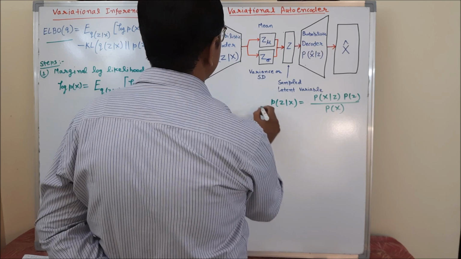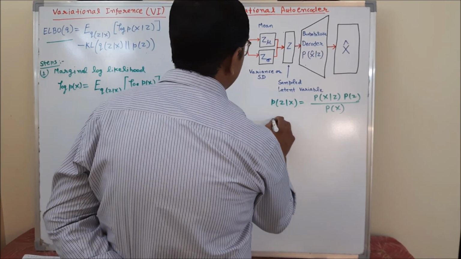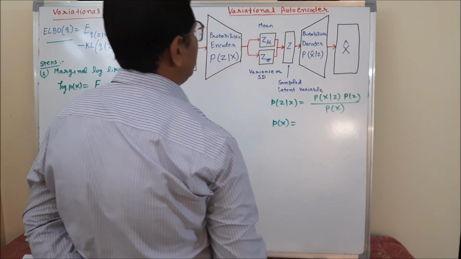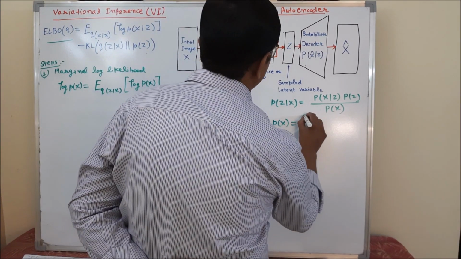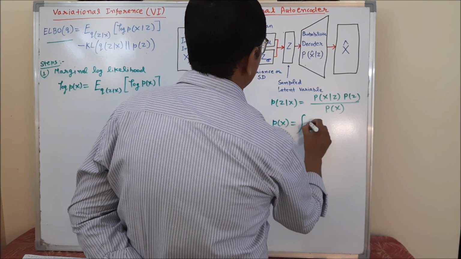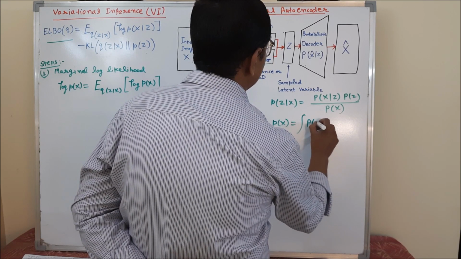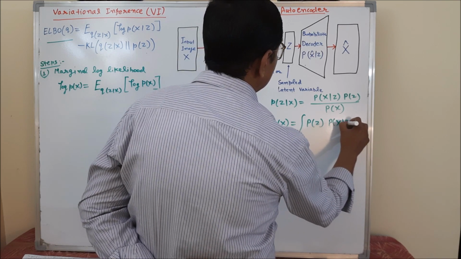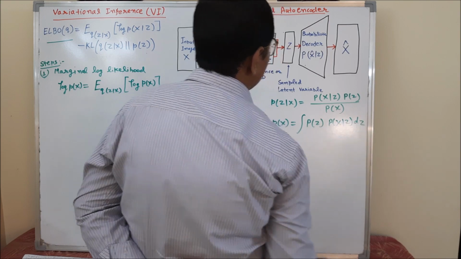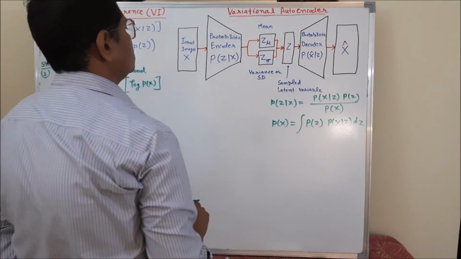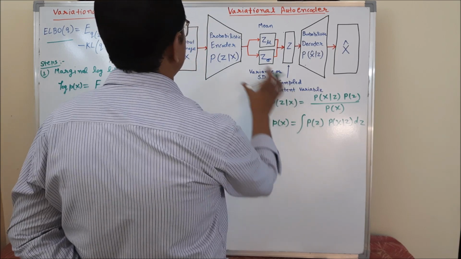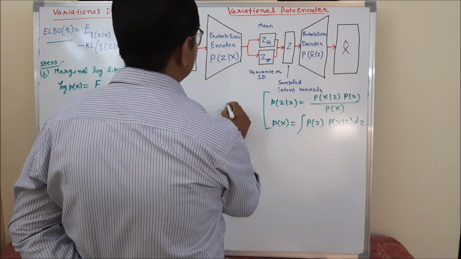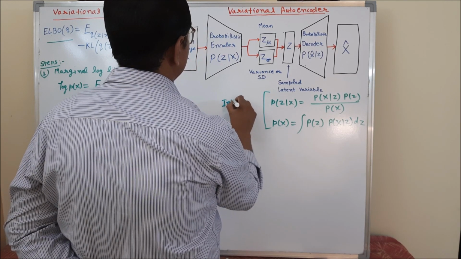If we consider the marginal distribution, it is also intractable, because it is an integral over multidimensional data. So both are intractable.